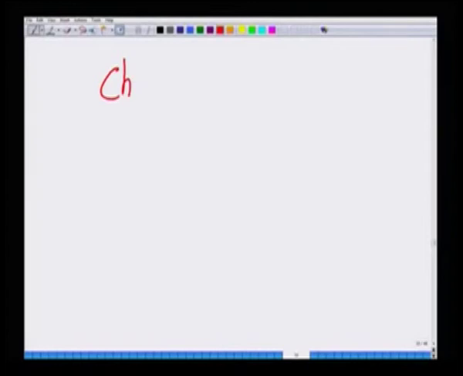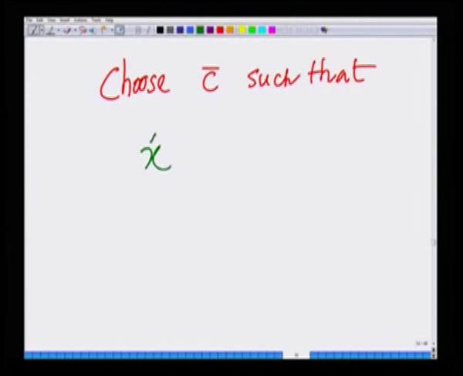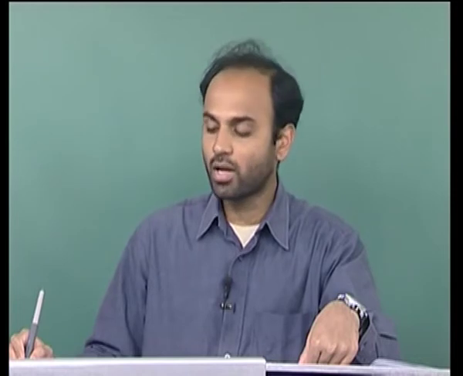So, choose the vector C bar such that this estimate, the norm squared of x hat minus x, is minimized.